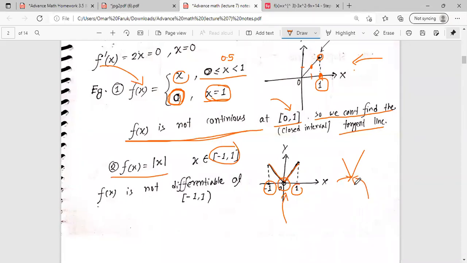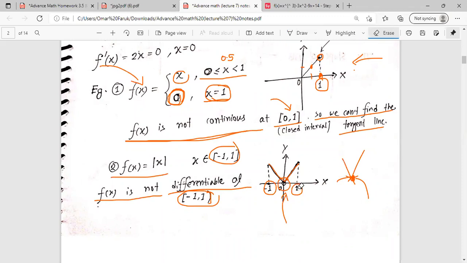So if a function is very sharp at a specific point, we cannot find the tangent line. We cannot find the tangent line here. So that's why f of x is not differentiable at that point. Okay, [-1, 1], closed interval.